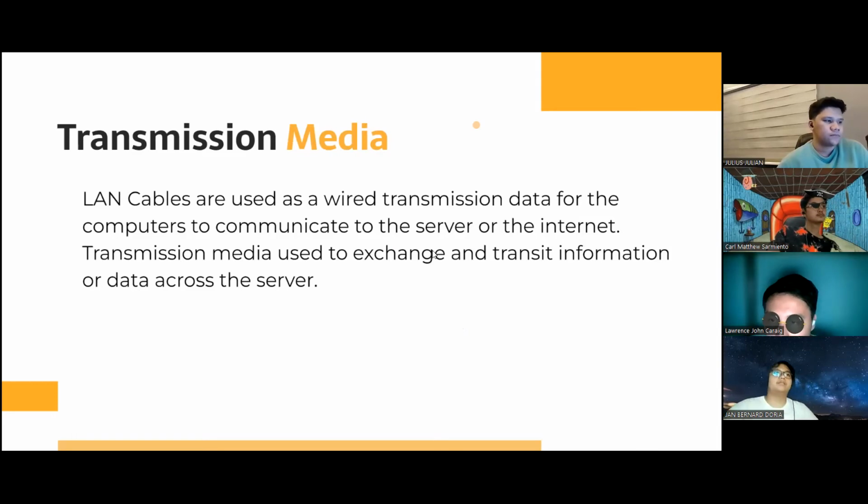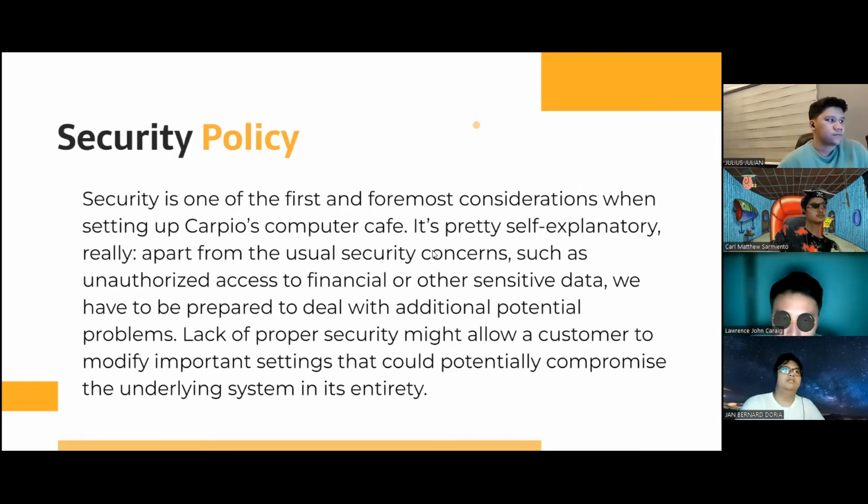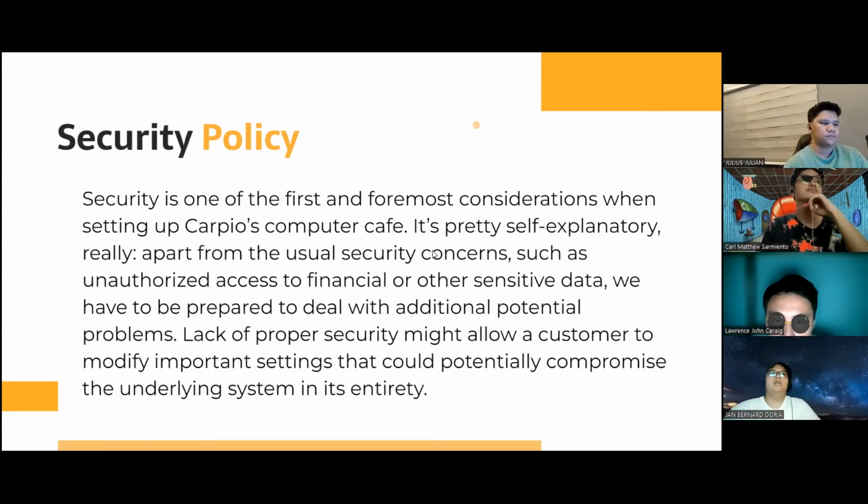So next is security policy. Security is one of the first and foremost considerations when setting up Carpio's Computer Cafe. The following are the guidelines to follow in Carpio's Computer Shop. Secure every PC individually with all necessary antivirus and anti-spyware clients to provide a basic level of protection.